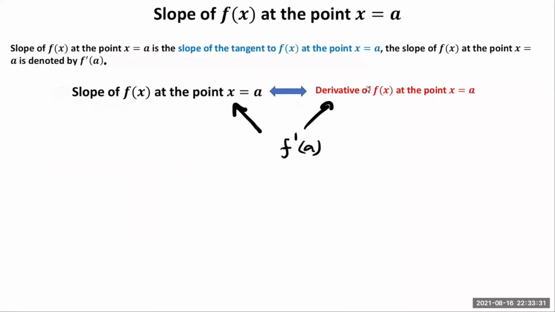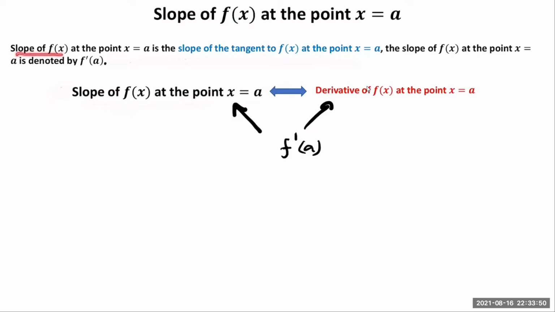All right, I want to start with this definition. Slope of f of x at the point x is equal to a. What do you mean by the slope of a function at x is equal to a? The given function is f of x. Let's see what we mean by the slope of f of x at x is equal to a. Here is the definition.